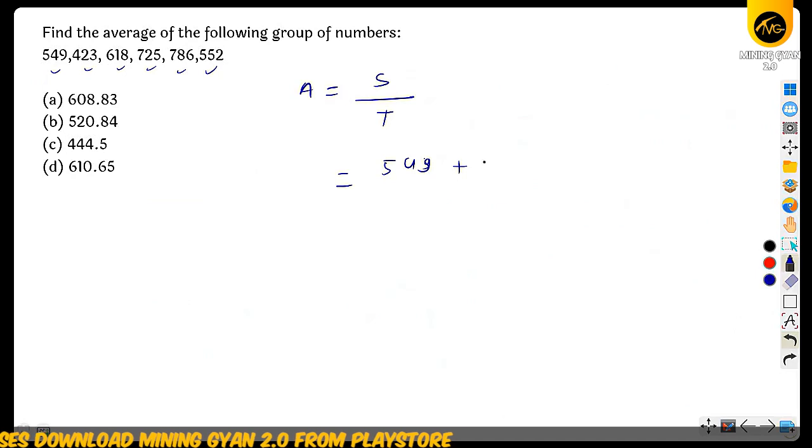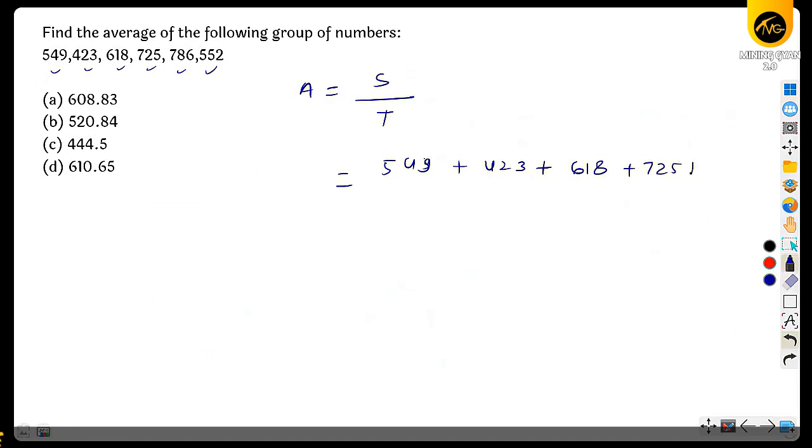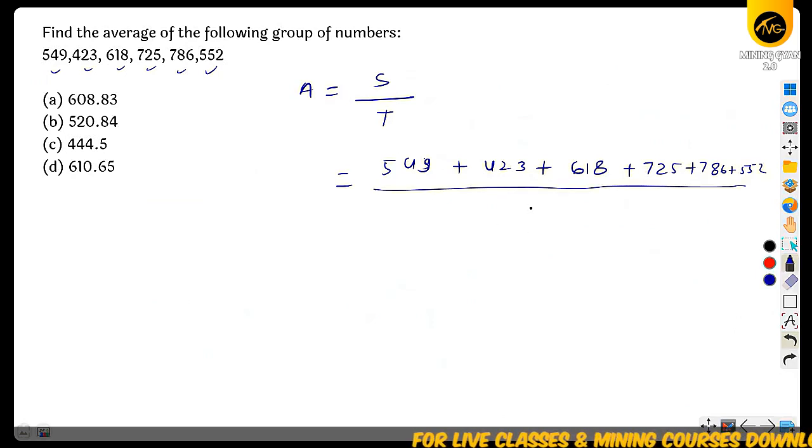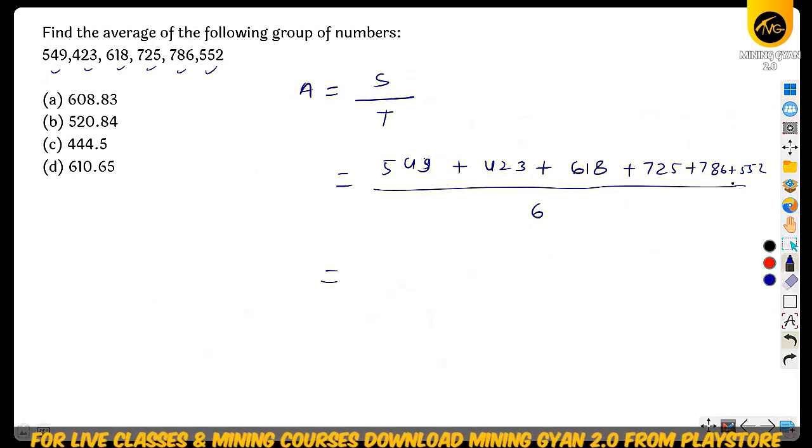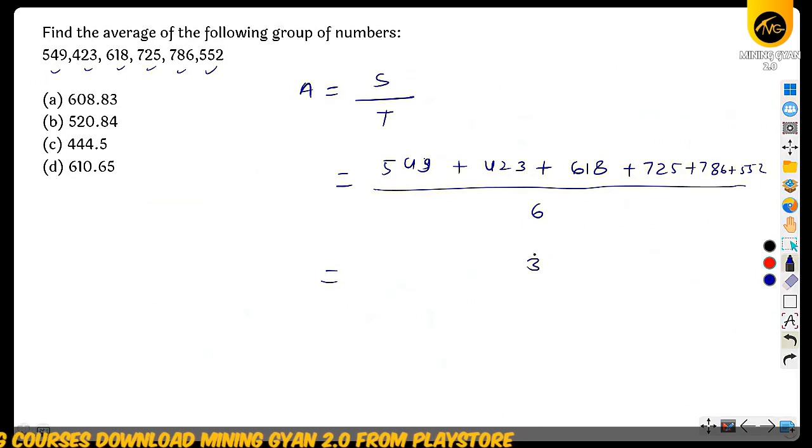549 plus 423 plus 618 plus 725 plus 786 and the last number is 552, whole divided by the total number of elements, that is 6. Now just add these numbers: 2, 8, 13, 21, 24, 6, that means 3.